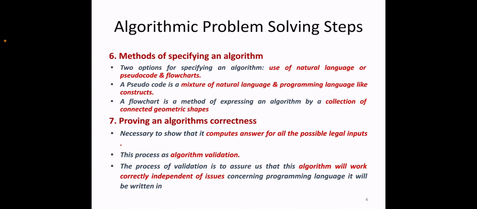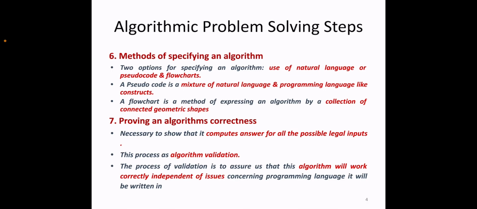Then proving an algorithm's correctness. The next step is proving an algorithm's correctness. You have to show that your computed answer is correct for all the possible inputs you gave. That is known as algorithm validation.